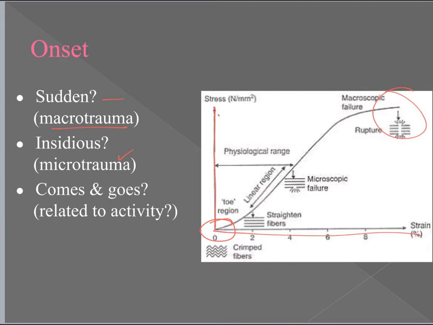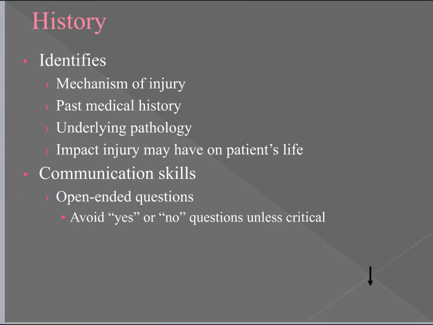So we want to live somewhere in this physiological range of treatment, right? Rehab, stretching, whatever it might be, we want to live somewhere in what I call the gold spot or the jackpot. All right. So our first stop is with history, right? And I know that I've talked about it a little bit, but I want to really talk about it in detail now because we're going into a lower extremity evaluation course where history is extremely important.